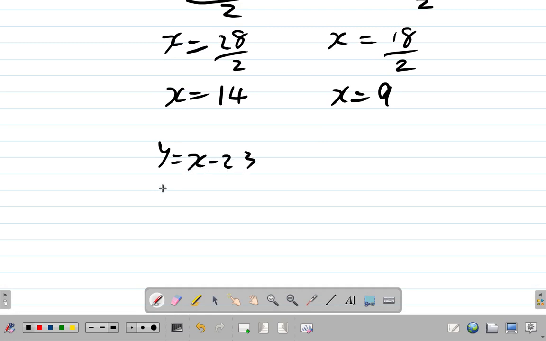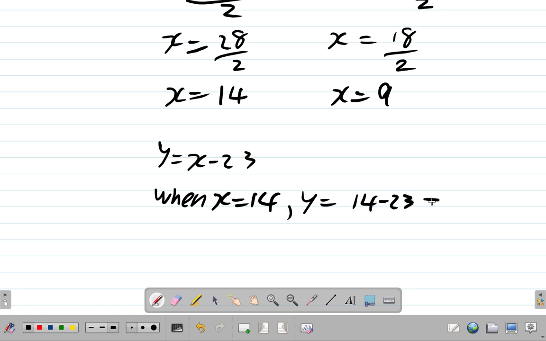So what happens here? When x is equal to 14, y is equal to 14 minus 23. 14 minus 23 is what?